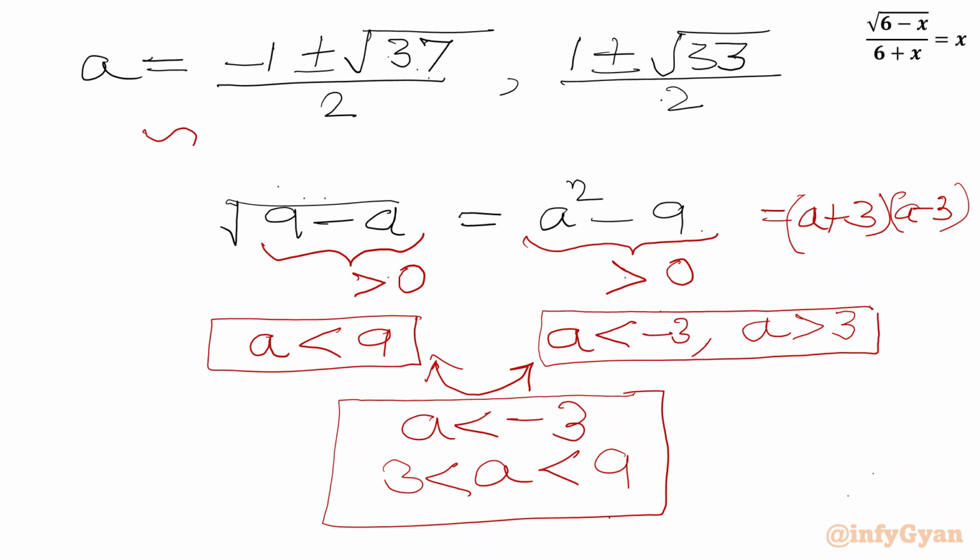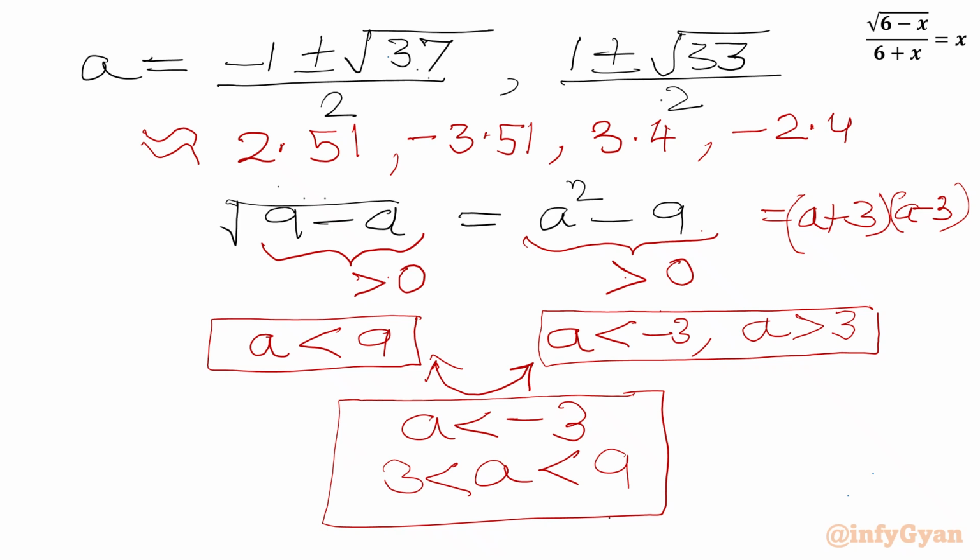If I will write approximate value of a, then I can write here -1 plus square root 37 over 2, this would be 2.51. -1 minus square root 37 over 2, this would be minus 3.51. 1 plus root 33 over 2 would be 3.4 approximately. And last value 1 minus square root 33 over 2 would be minus 2.4.